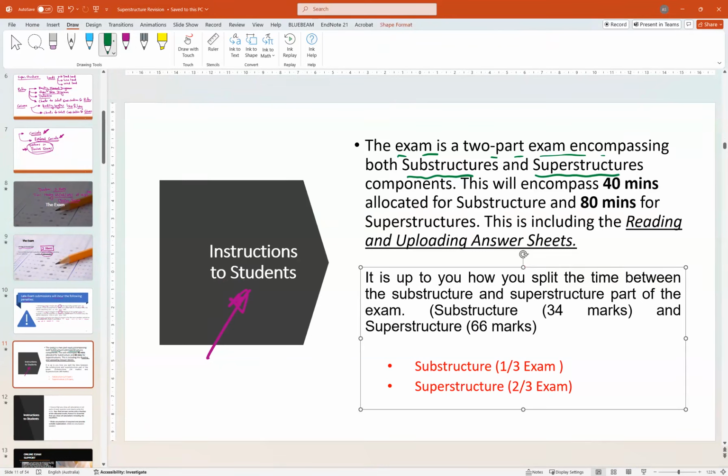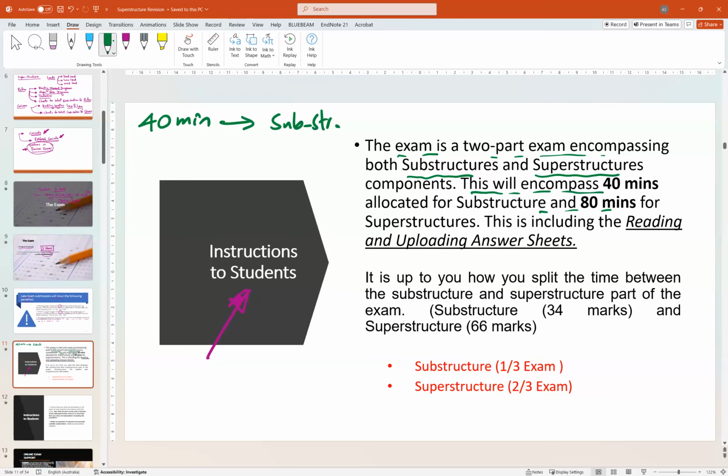If you want to divide the time between the two parts, you have 40 minutes for substructure because it is 1/3 of the test, and 80 minutes for superstructure. This is not an obligatory time division, it's up to you.